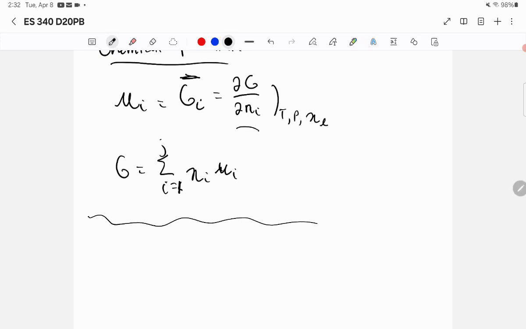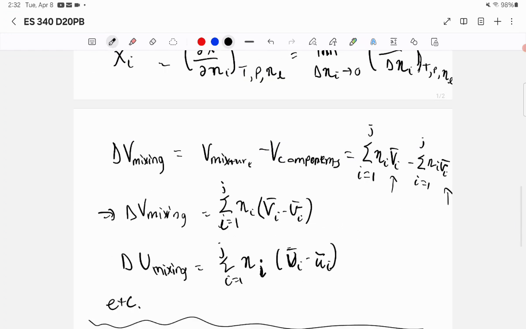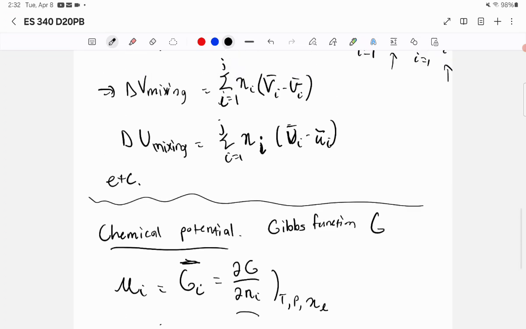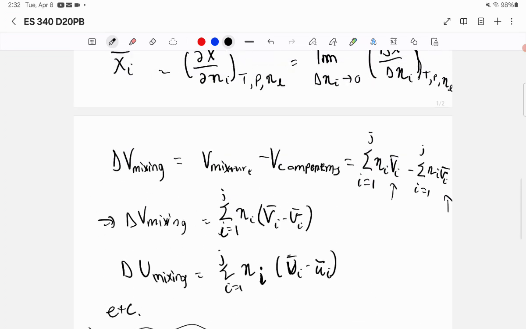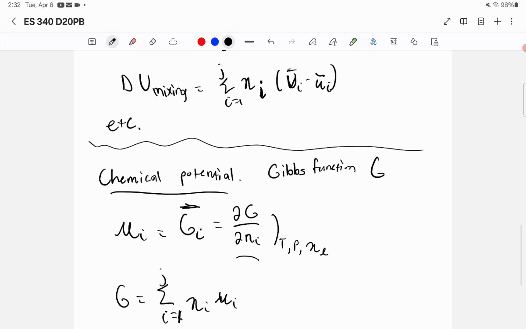But I'm not going to go much into the details here, aside from pointing out that we have this chemical potential, and it relates to these mixtures in terms of the Gibbs function. So that's the key detail here.